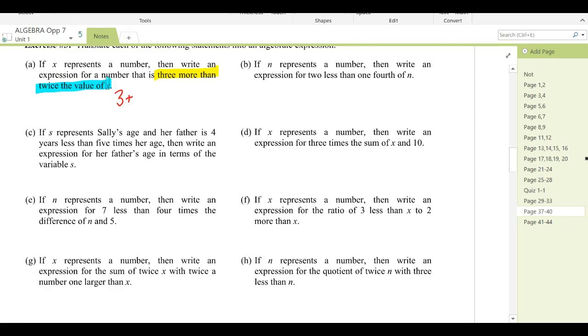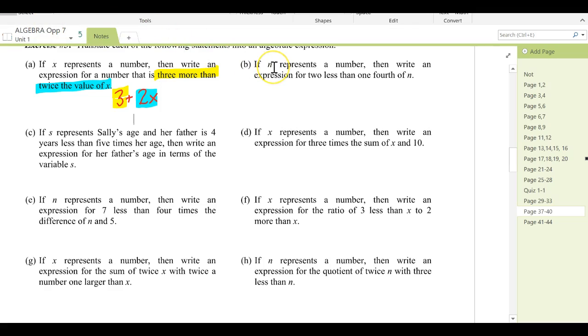That is 2x. So we've got 3 more than twice x. Is that like 5x, right? Nope, they're not like terms. 3 more than twice x is 3 plus 2x, not like terms, cannot be combined.